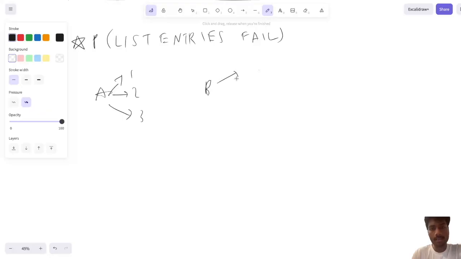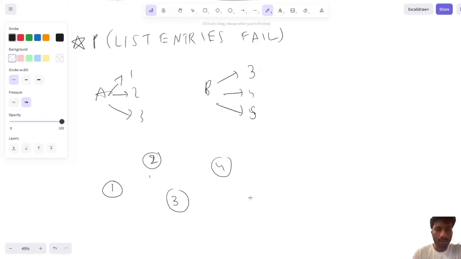B gets hashed to 3, 4 and 5. So let's draw them as nodes in a graph: 1, 2, 3, then 4, then 5. And let's have C also hashed to 2, 5, 6.